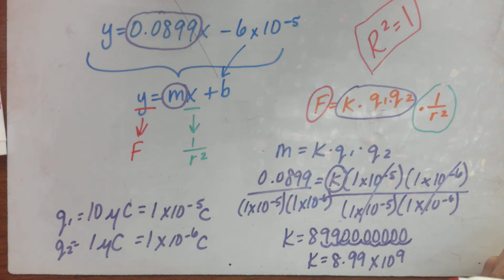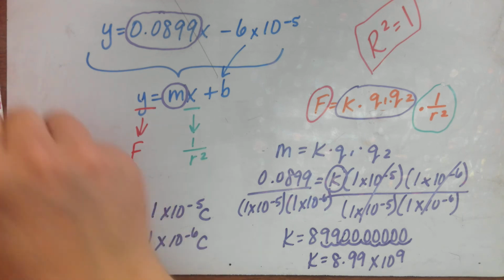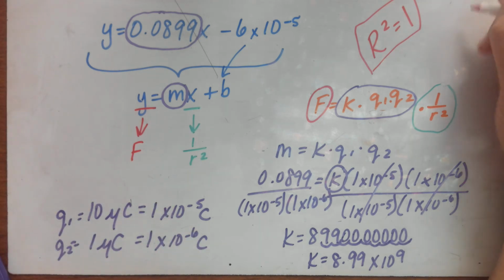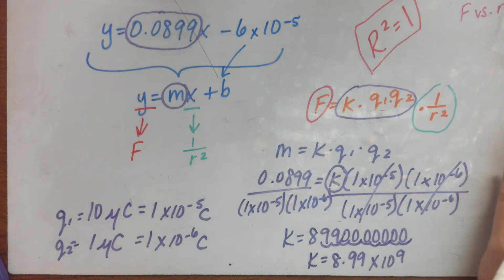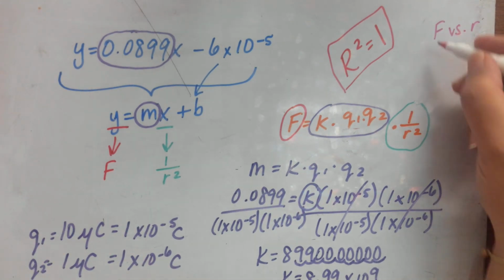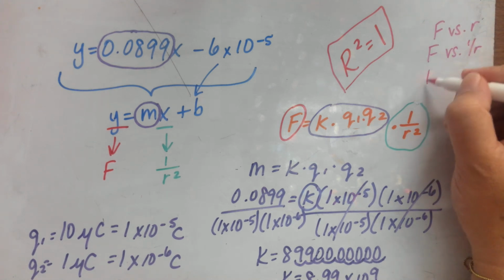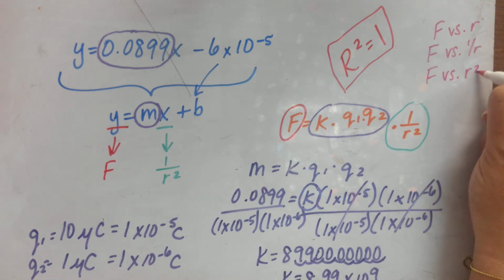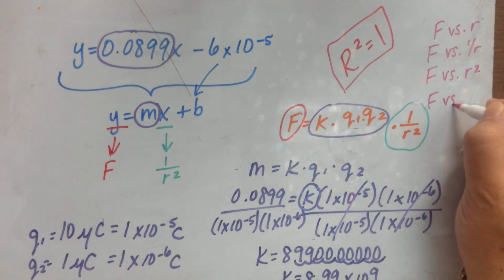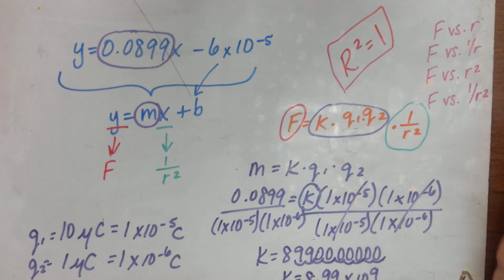So what Coulomb probably did is he probably took his information and plotted force versus distance, force versus 1 over the distance, maybe force versus distance squared, and then finally force versus 1 over the distance squared.